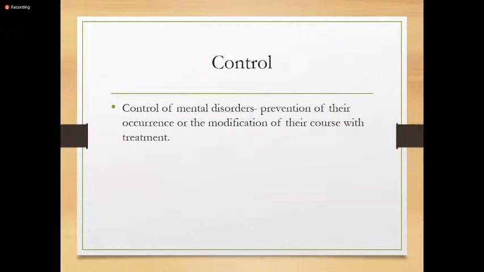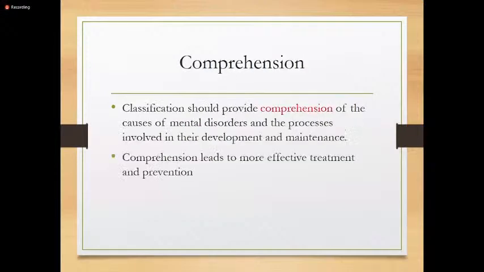Now, when we talk about control, we are talking about the ability to control, prevent the occurrence or the modification of the course of treatment. Based on that classification, we have some idea about how the disease will progress. And then when we talk about comprehension, we are talking about trying to comprehend the causes of mental disorders and the process involved in their development and maintenance.